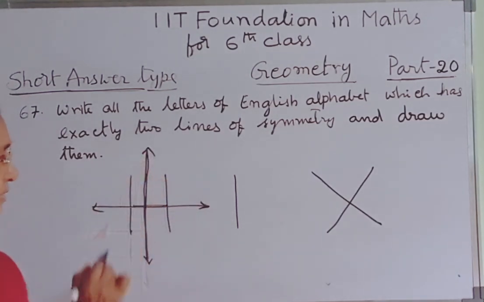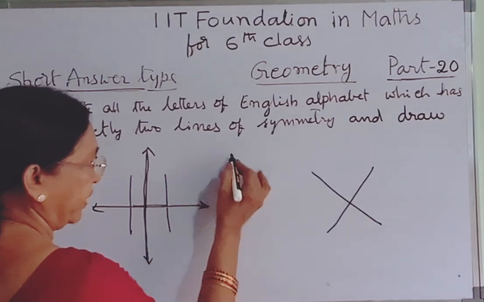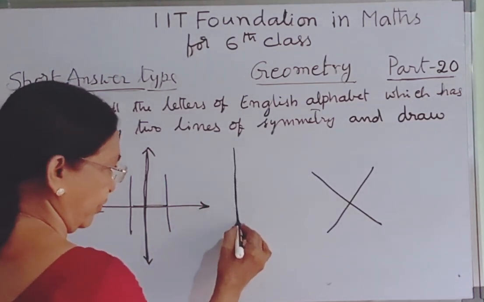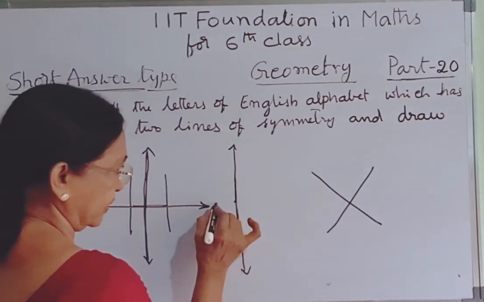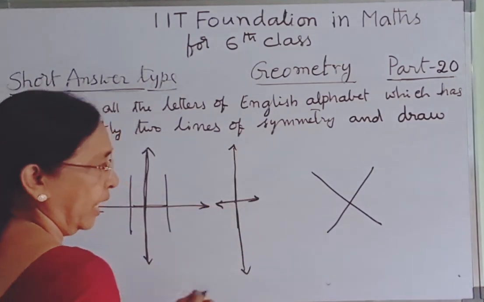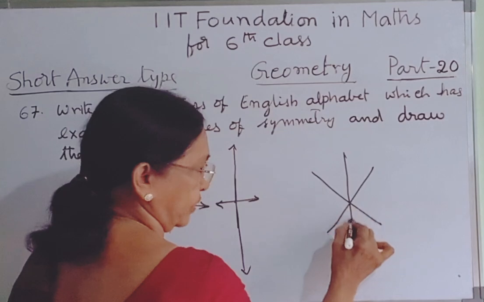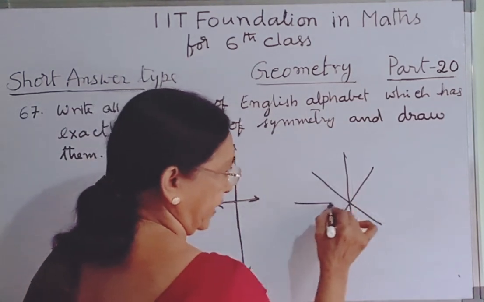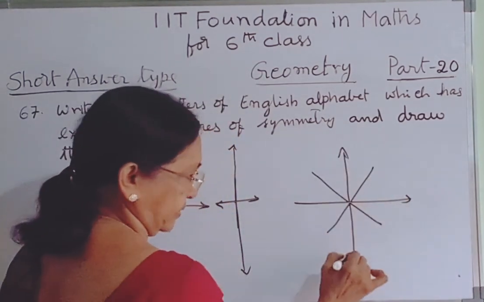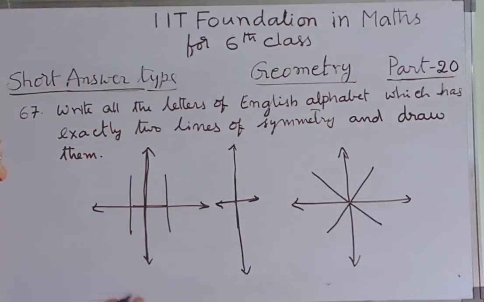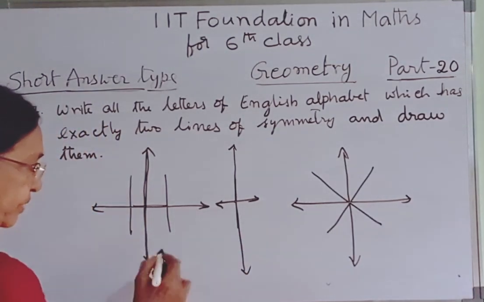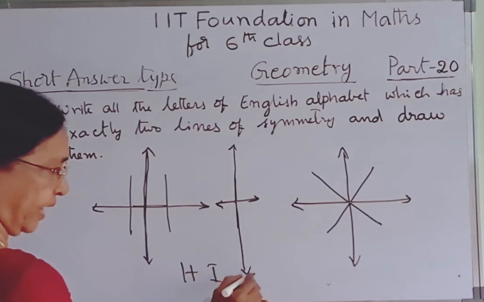These two are the lines of symmetry for H. For I, one is exactly overlapping on the letter and the other is exactly passing through the middle. And for X also, one is horizontal and one vertical. So for these 3 letters only, there are exactly 2 lines of symmetry: H, I and X.